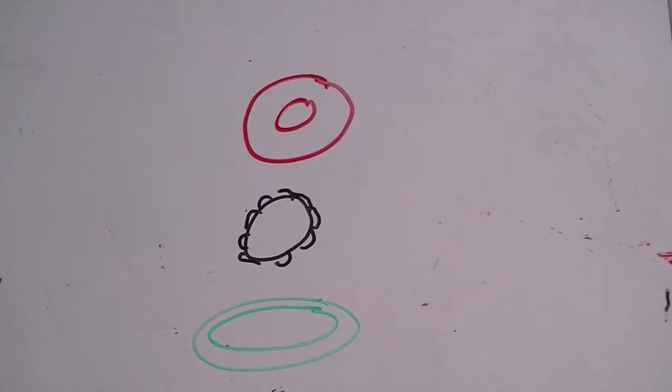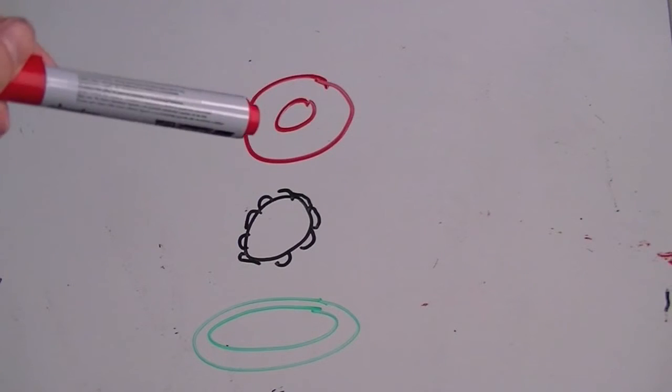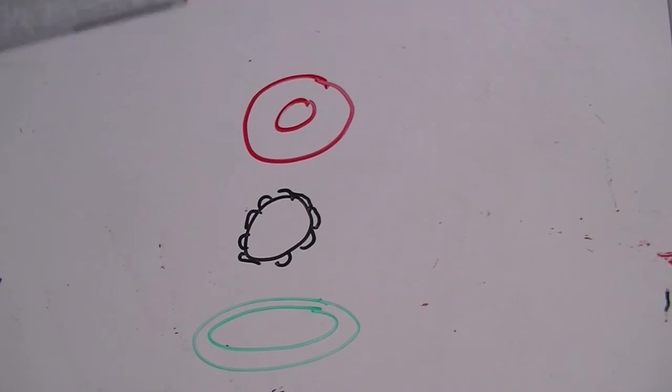You may be wondering what three really odd looking images are doing on my board. This is my attempt to draw the three types of vessels that carry blood, and I'm just going to explain these to you as the last part of my video. So the first one we have at the top is the artery. Now the artery normally will always carry blood from the heart, and it normally carries oxygenated blood.